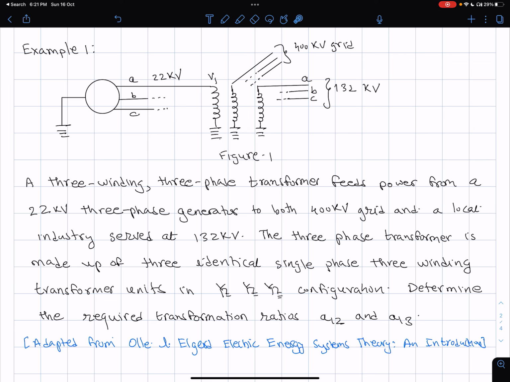So each phase has 3 windings: this is I1, this becomes I2, and this becomes I3 of the A phase. Similarly, not shown here but understood is the connection for the B and C phases.